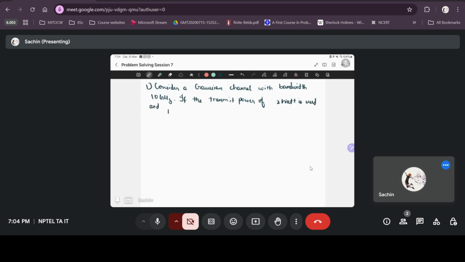and power spectral density of noise is 0.001 watt per hertz, what is the capacity of the channel?